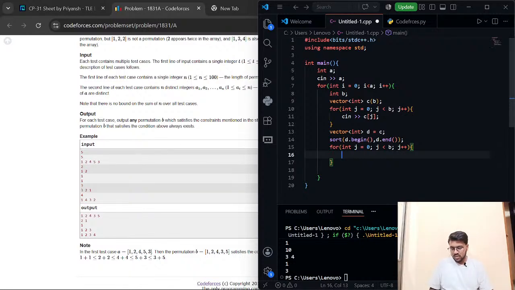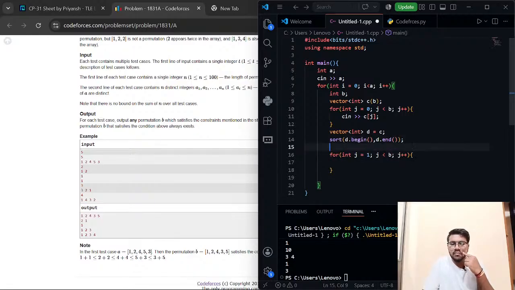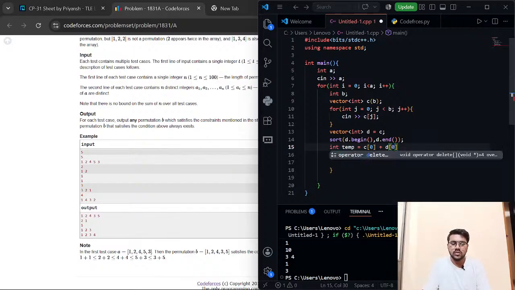If c index 0 plus c index 1, first I will take int temp as c index 0 plus d index 0, right?